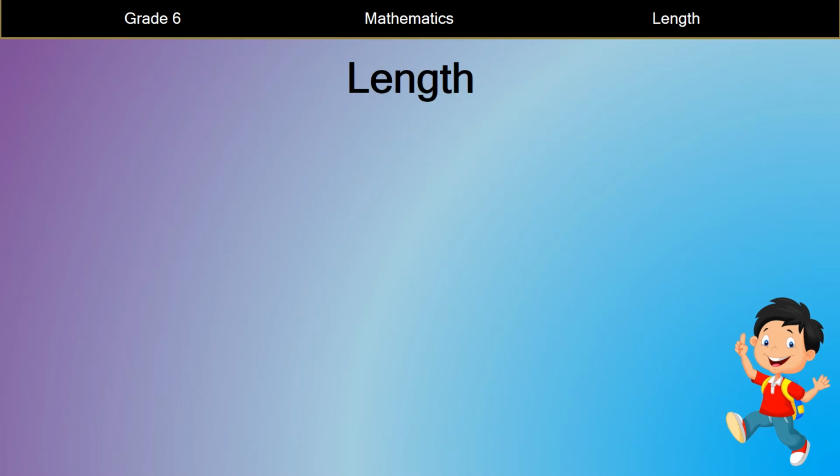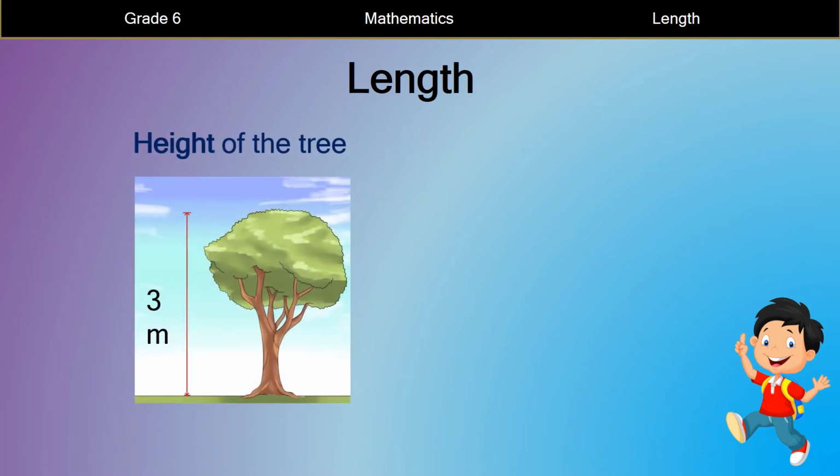Now let's see what are the different words we can use instead of the word length. In this picture you can see a tree. This tree has a height of 3 meters. 3 meters is a length, and for this tree we say that it is the height of the tree.